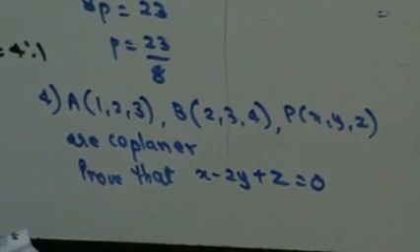Right? They've given you that these 4 points are coplanar. You have to prove that x minus 2y plus z is 0.